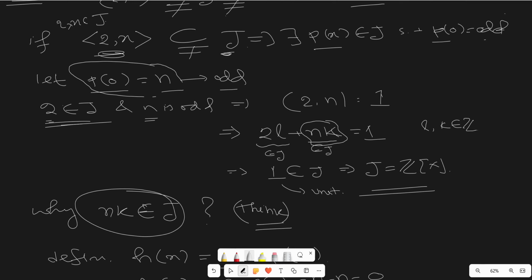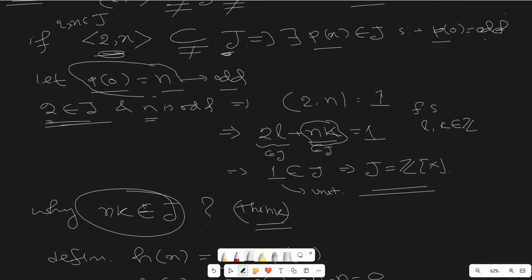So n is an odd number, so GCD of 2 and n is 1. So this implies that 2l plus nk will be 1 for some l, k inside Z. Since 2l is inside J and nk is inside J, 2l is inside J, this is clear.